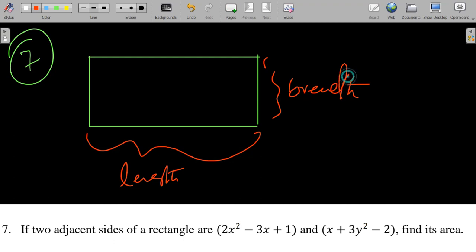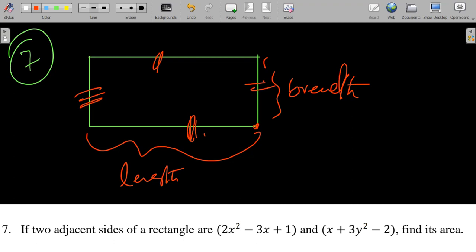Now what have they told? They have told us the adjacent sides. Adjacent means which two lines are connected by a vertex. It can be these two, this one and this one, or this one and this one as well. Whatever the pair, the adjacent sides will always be one your length, another your breadth.